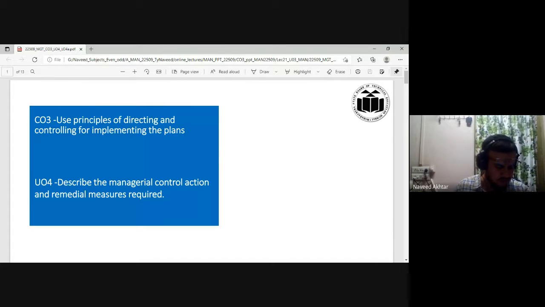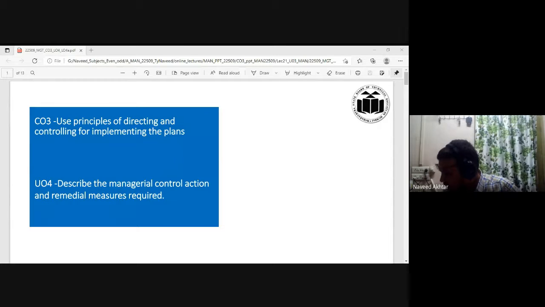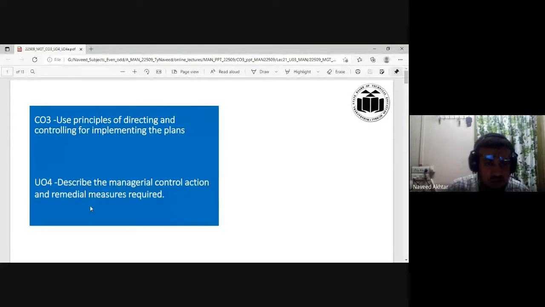In this unit, in directing at the supervisory level, we have seen elements and characteristics of directing, importance of directing, etc. Now today we will see about the controlling at the supervisory level. So this one is your unit outcome, to describe the managerial control action and remedial measures required.